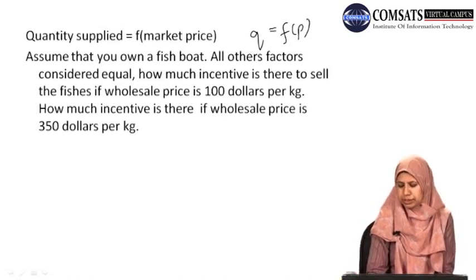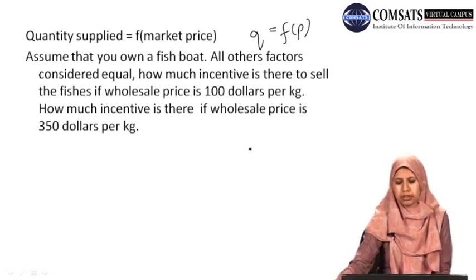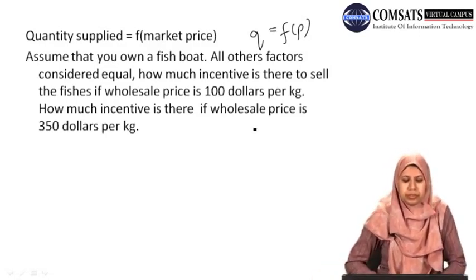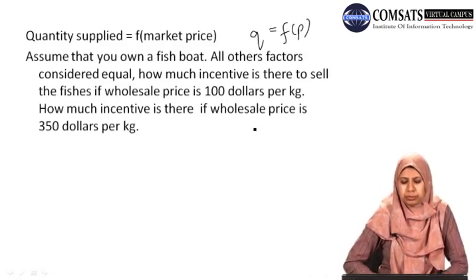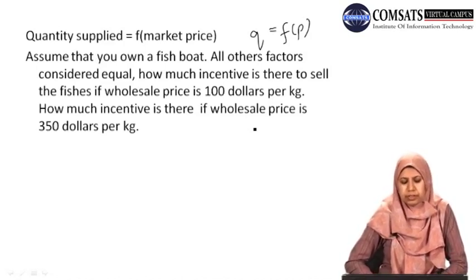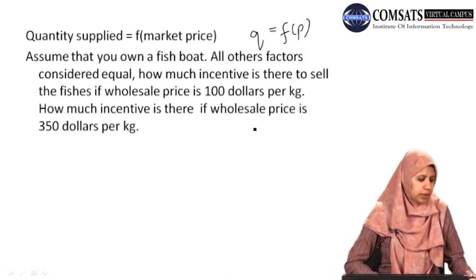And the supply function says that the quantity depends on the price directly. For example, assume that you own a fish pond. Considering all the other factors being equal, how much incentive is there to sell the fish if the wholesale price is $100 per kg, and how much incentive is there if the wholesale price is $350 per kg?